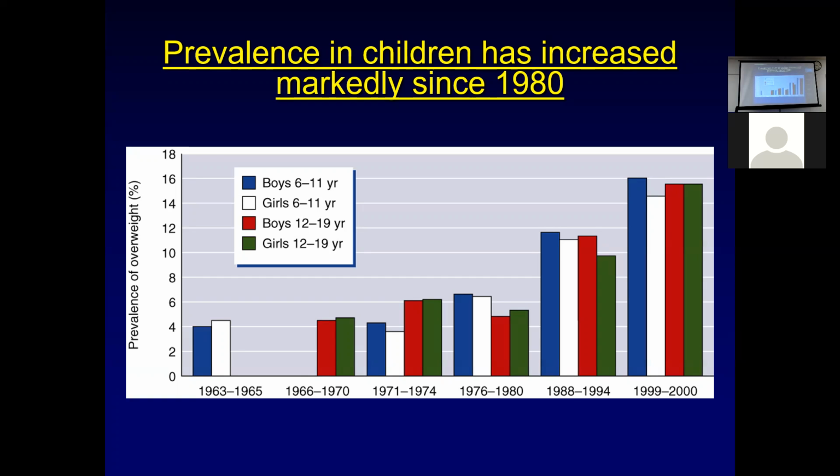But if we look back in the 60s and into the 70s, and even into the very, very early 80s, obesity was very, very rare in kids, okay? It continues to be rare in comparison to adults now, but it's much, much higher than what it used to be, right?